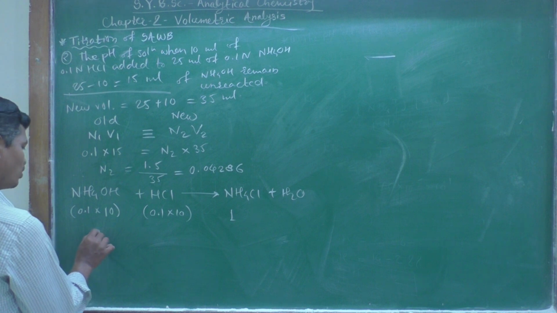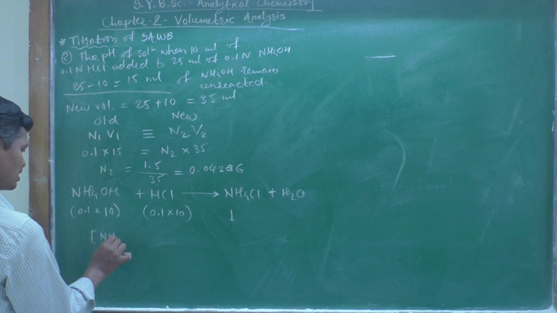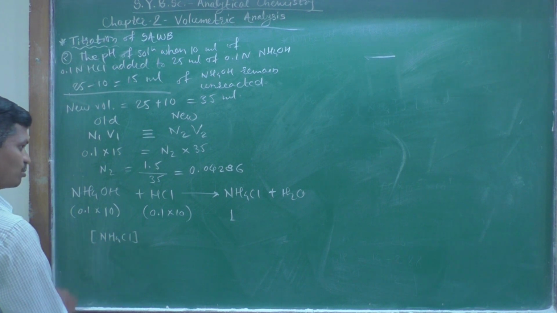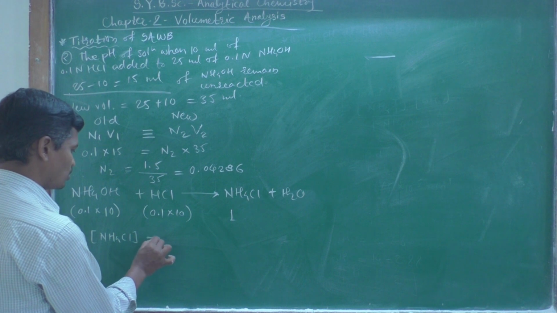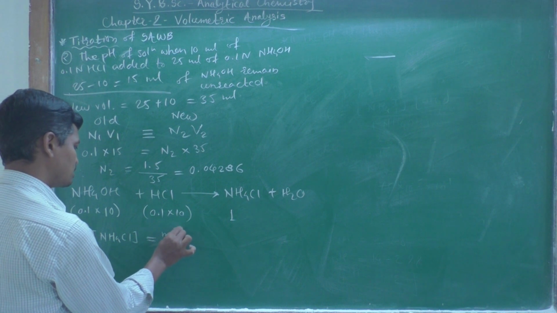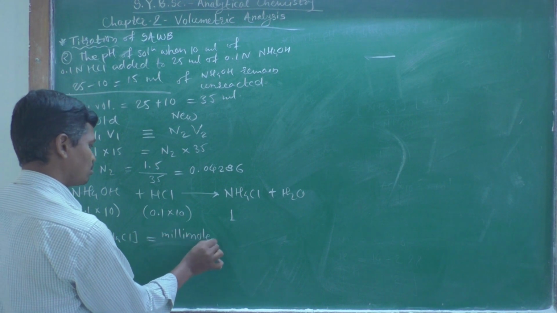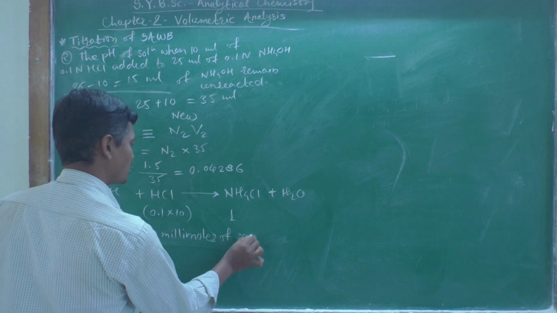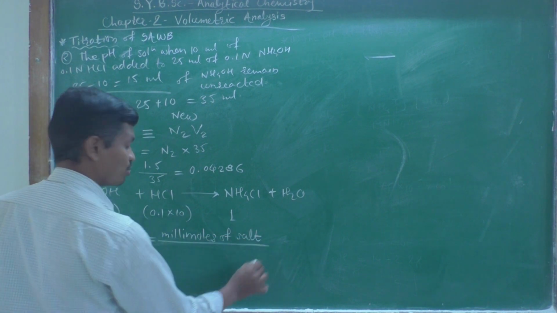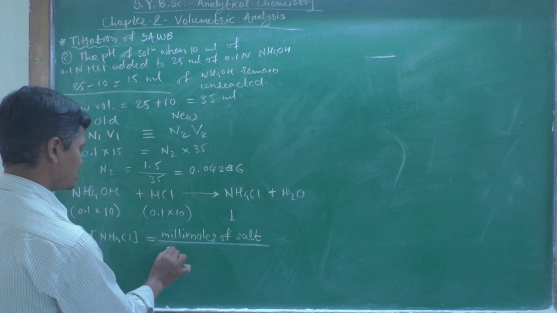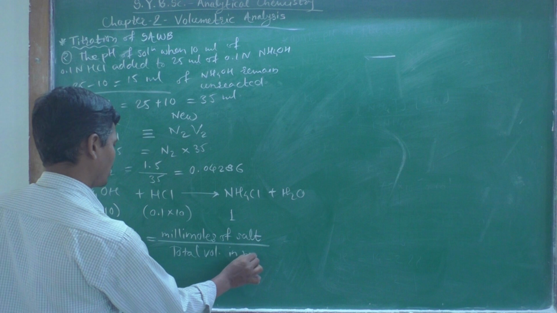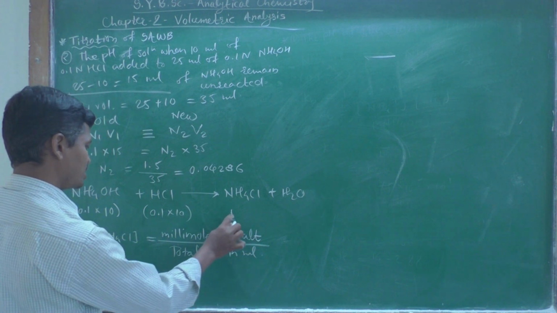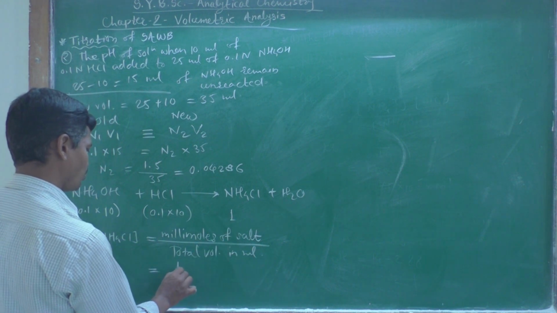Now the concentration of NH4Cl, that is the salt, is equal to the millimoles of salt formed divided by the total volume in ml. So what is the millimoles of salt? It is 1.